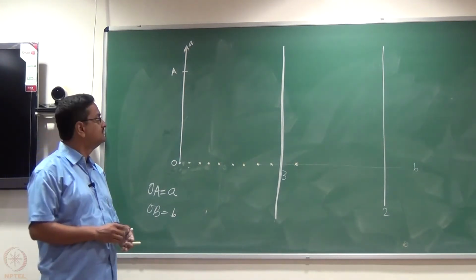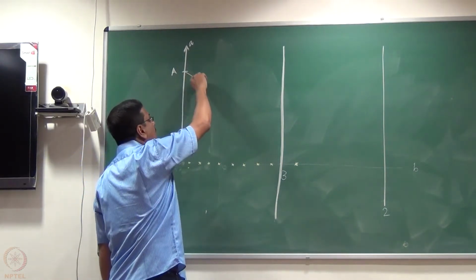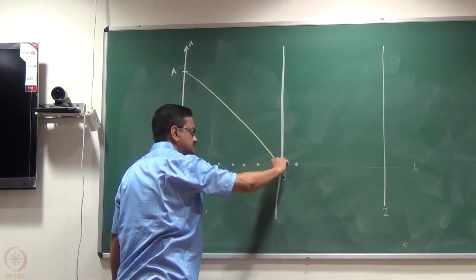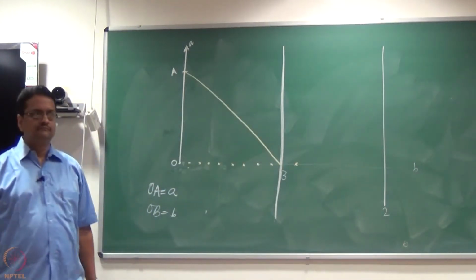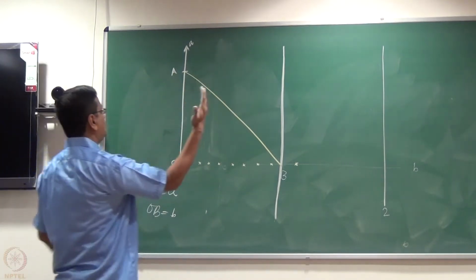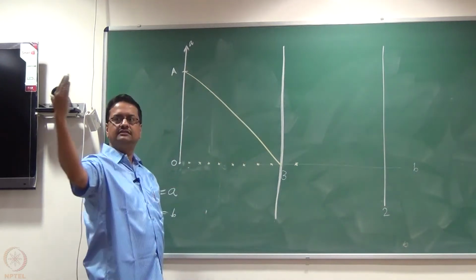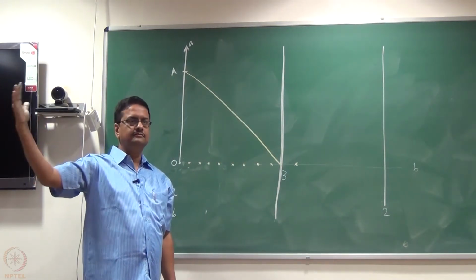Now I do it from 1. I was still now talking about planes which are parallel to A. So all the planes which are parallel to A are like this, right?